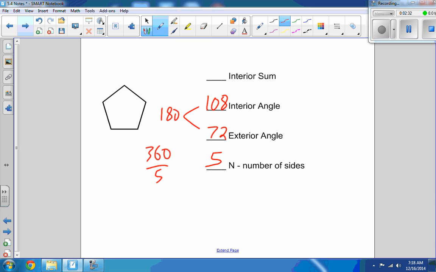And we also know all 5 angles of a regular pentagon add up to 540, and 540 divided by 5 also gives us 108. Now, does a regular pentagon create a regular tessellation? Well, what's 360 divided by 108? That does not come out evenly. That's 3 point something, so it does not create a regular tessellation.